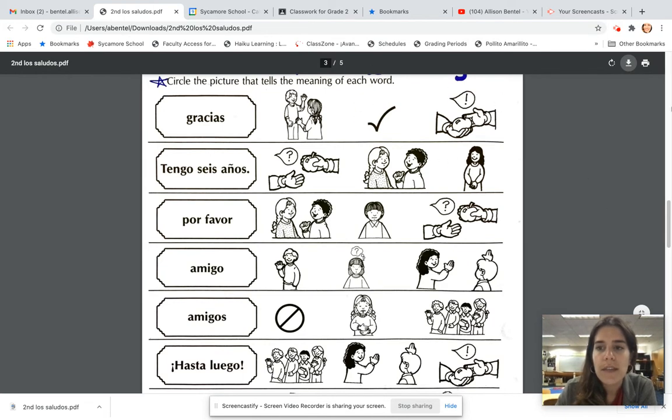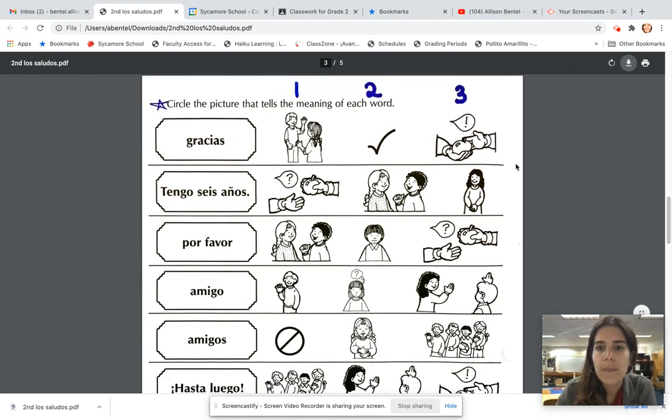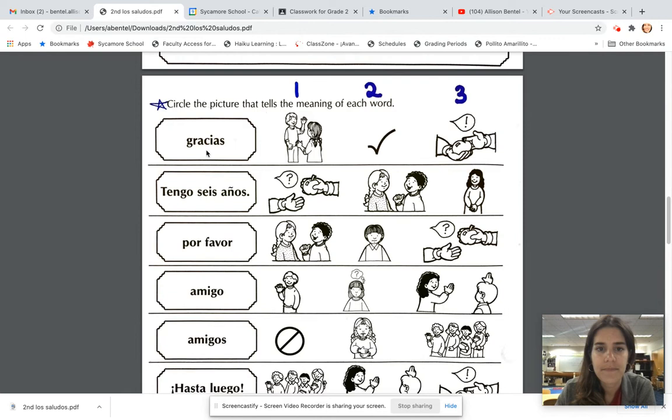And if you think the picture that matches is the 3rd picture, you can see our números en azul here, 1, 2, 3. You're going to circle the 3rd picture. Vamos a empezar. Gracias. ¿Cuál foto es la foto correcta? ¿Número 1, número 2 o número 3?